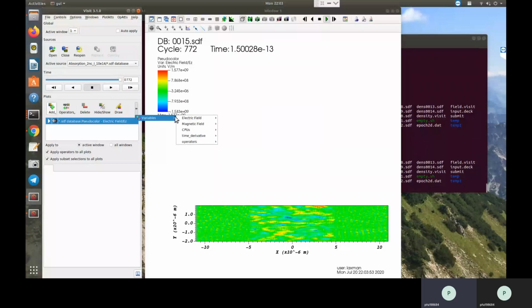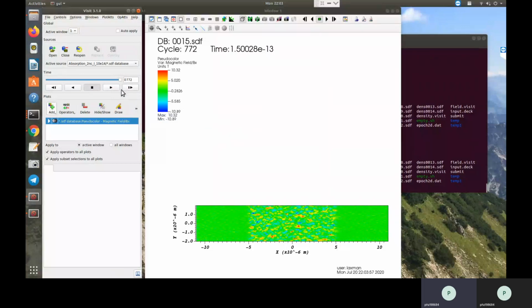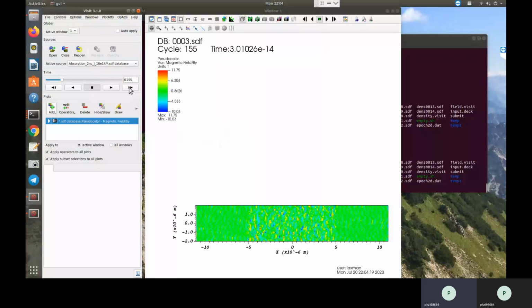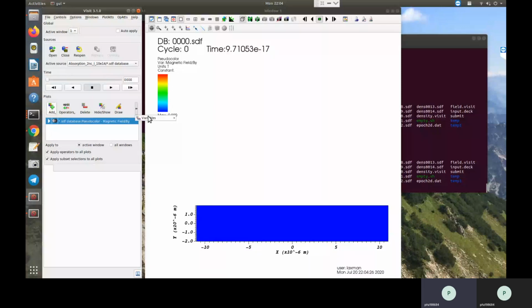Now, if we plot the magnetic fields, the X component will vary like this. Now, magnetic field Y component. Now, magnetic field Z component.